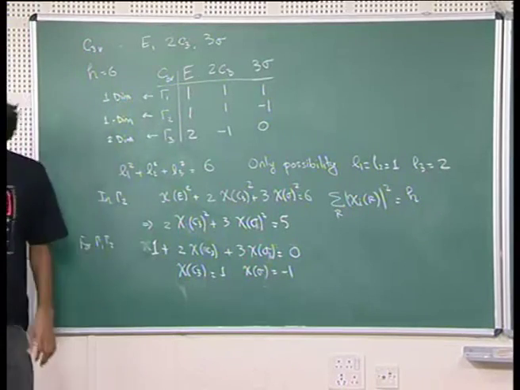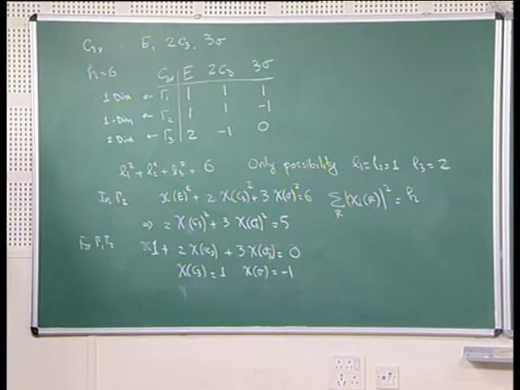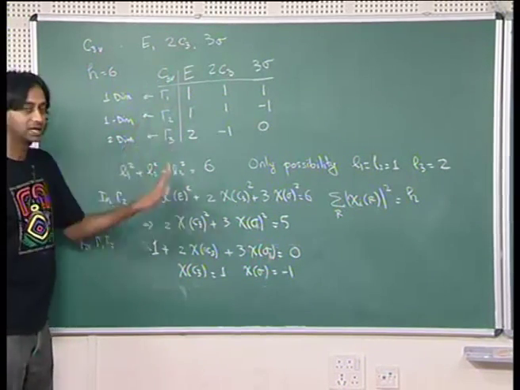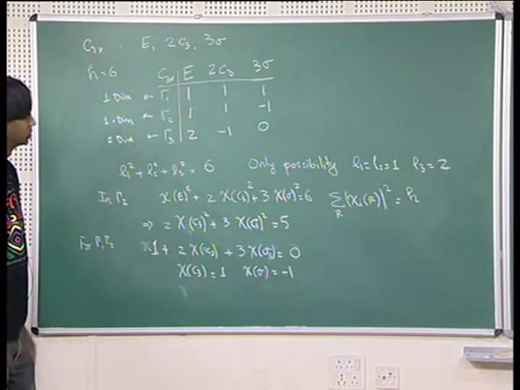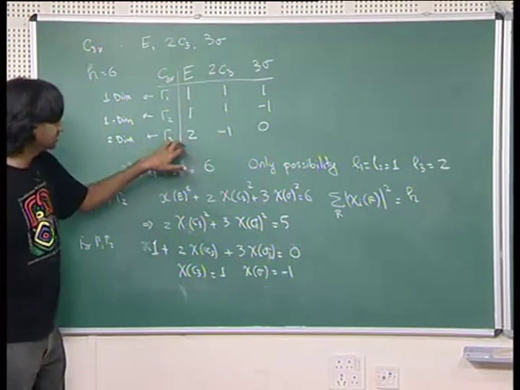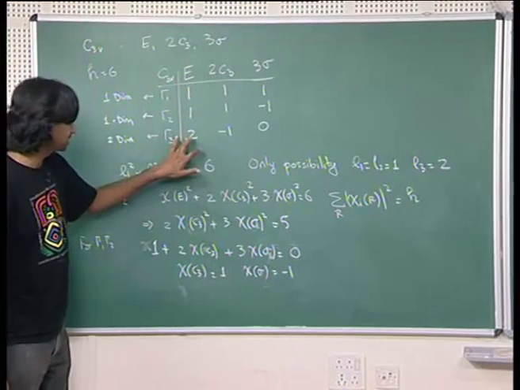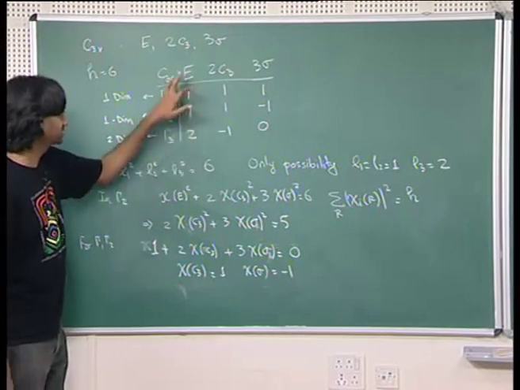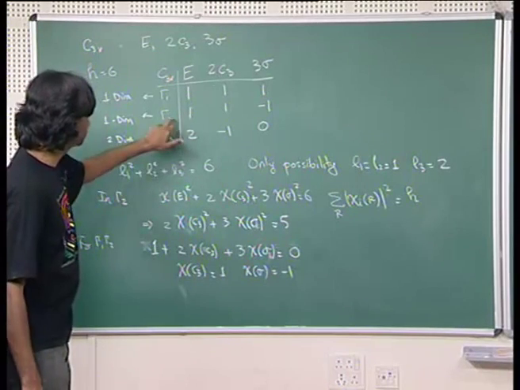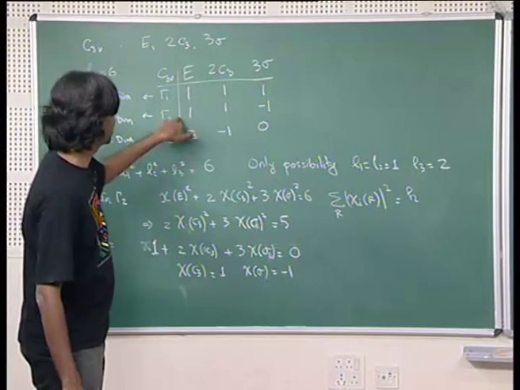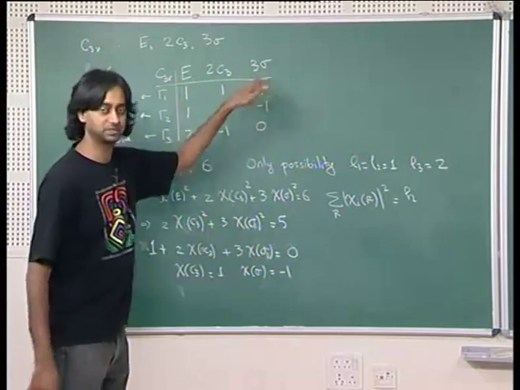So, we constructed the character table of a group that is non-trivial, and these are in fact all the irreducible representations that you can do. If you generate a 2-dimensional irreducible representation, these will be the characters. And if you generate a 1-dimensional irreducible representation, the characters can be this or this.